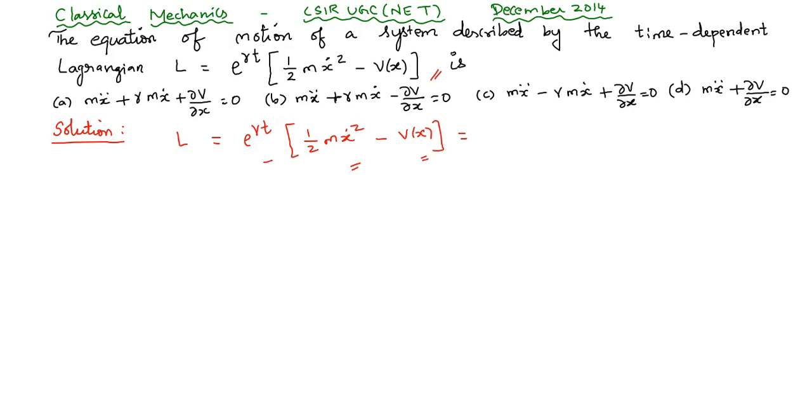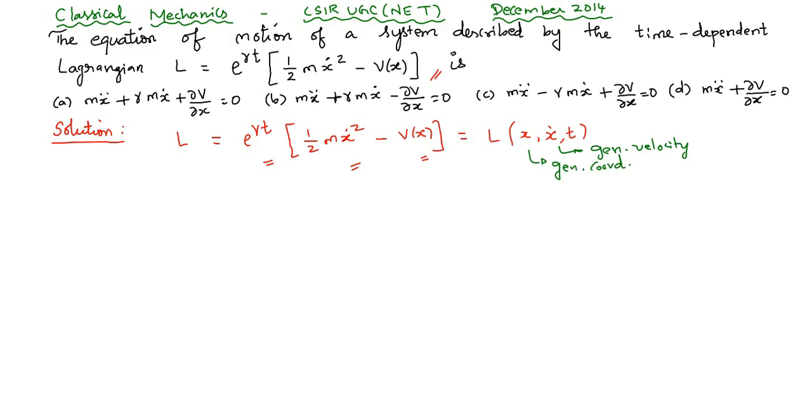So L depends on three things: x, x dot, t. From this we observe that x is the generalized coordinate, x dot is the generalized velocity and t is the parameter.